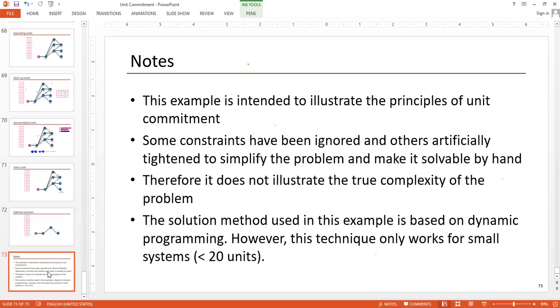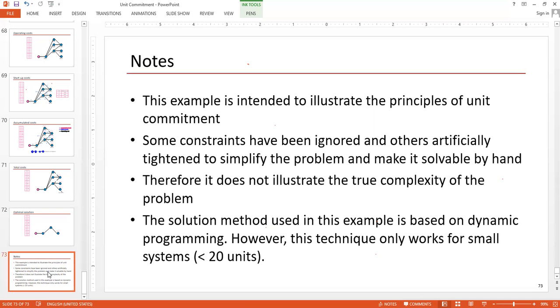Thus it doesn't actually illustrate the actual complexity of the unit commitment problem. The solution method used is another way to apply dynamic programming, because you remember whenever we found any alternate paths, we always stuck with the lowest cost strategy.